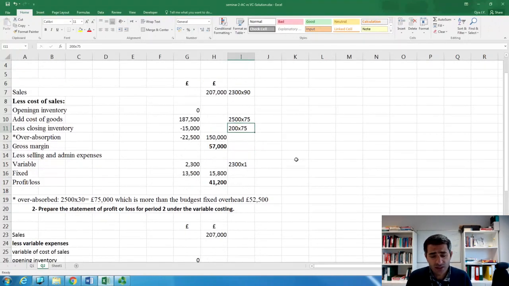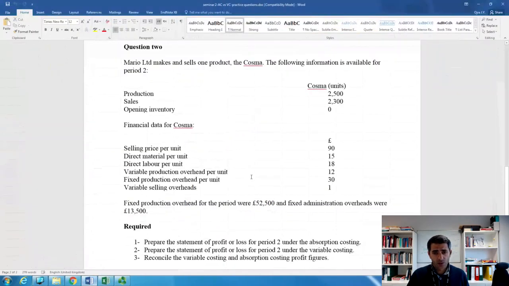Now, the trick. Now you need to stop yourself and think about the absorption for over and under absorption. So if you look here, what happened right now? Usually when we figure out the over or under absorption, we look at the budgeted production units, and also we look at the production units that happened in April or May, whatever.